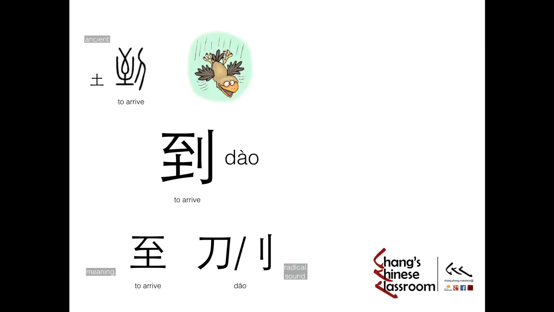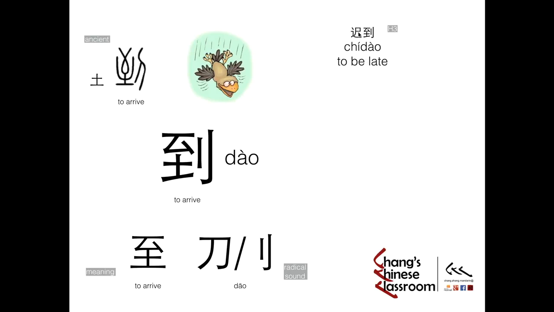So as I mentioned, left part, a bird hit on the ground, means to arrive, and right part only contributes the pronunciation and also functions as a radical of this character. Alright, 刀. This is the original character of the radical, and this is what it looks like functioning as a radical.